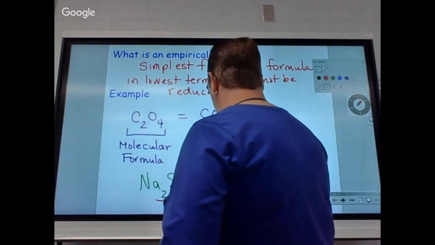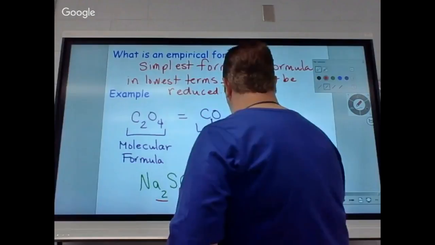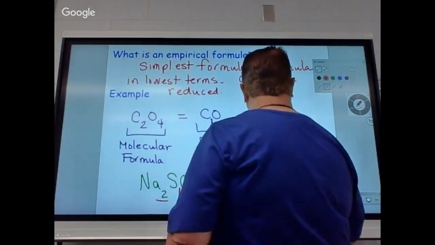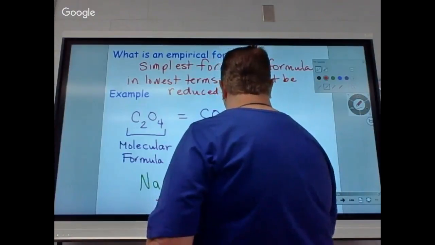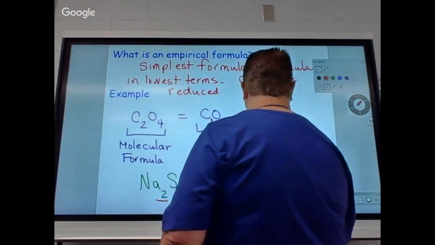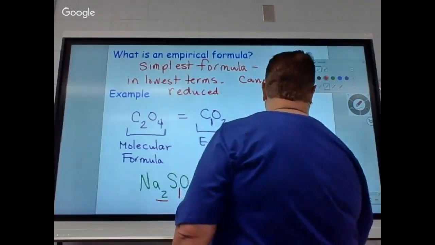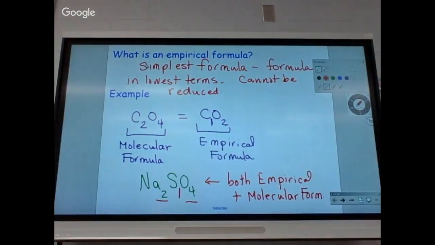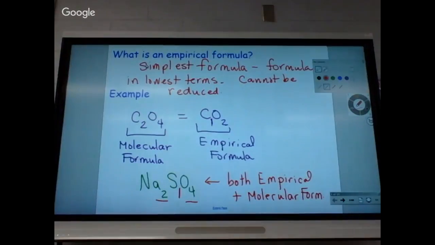This one is both the empirical and the molecular formula. Oftentimes, ionic compounds are already going to be reduced when you write them, and you saw that on the test.